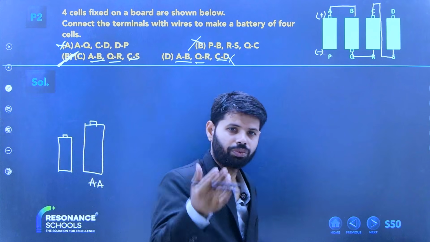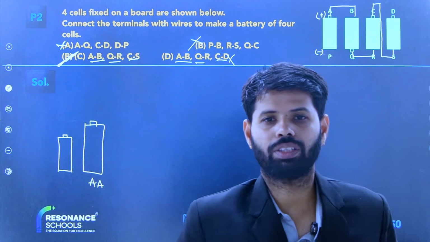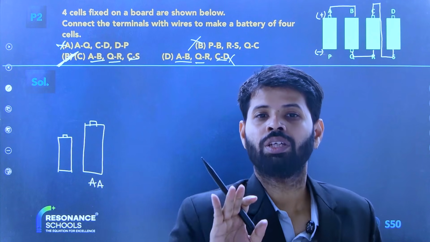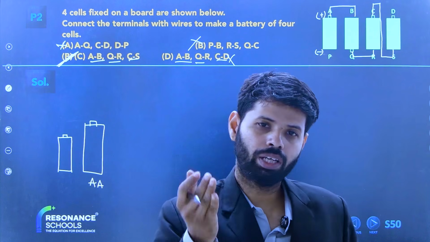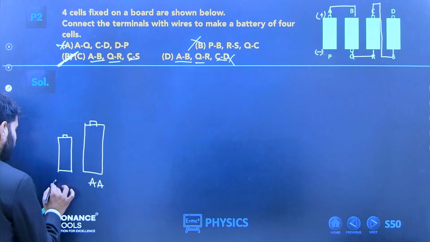Whenever you go to the market and ask for a cell, he will ask you which battery. So you have to answer, give me double A, or the smaller one is known as triple A battery.